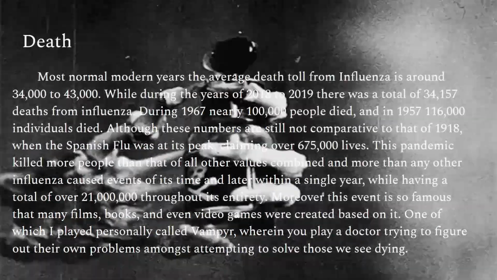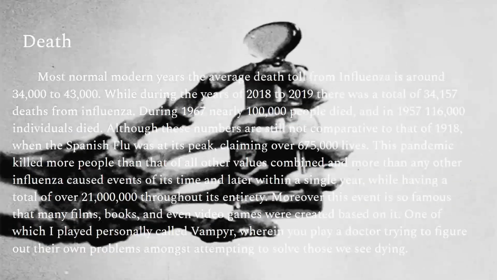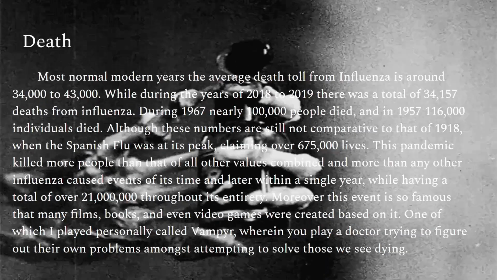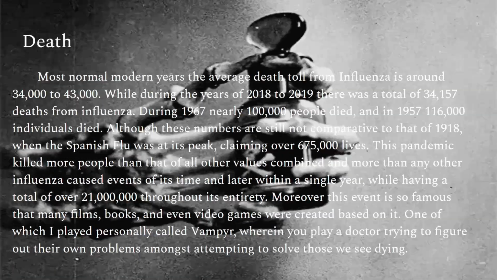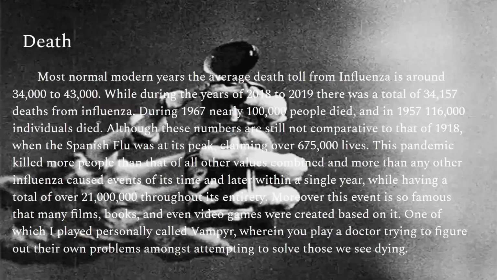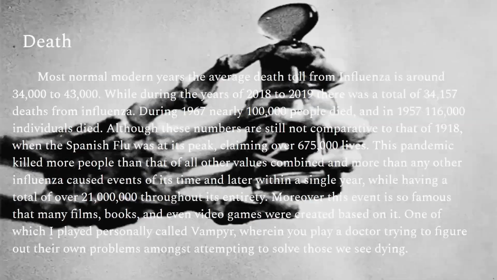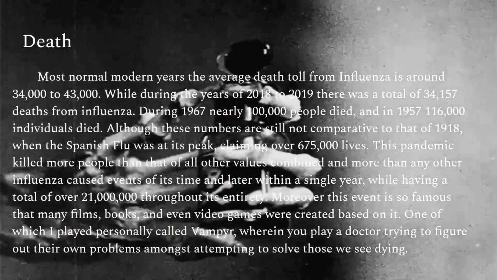Although these numbers are still not comparable to that of 1918, when the Spanish flu was at its peak, claiming over 675,000 lives that year. This pandemic killed more than all other values combined and more than any other influenza-caused events of its time and later within a single year, while having a total of over 21 million throughout its entirety.